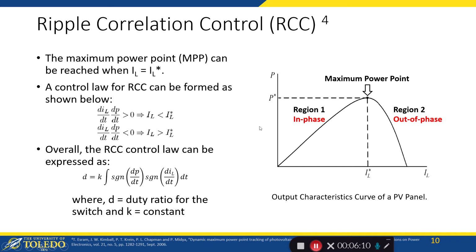Using this property, we can formulate a control law where if we take the derivative of the inductor current and the derivative of the power and find the product of those two derivatives, it is greater than 0 in region 1 and less than 0 in region 2. It can further be formulated into a control law where we can extract a duty ratio out of it, which can be used to control the converter, as shown over here.